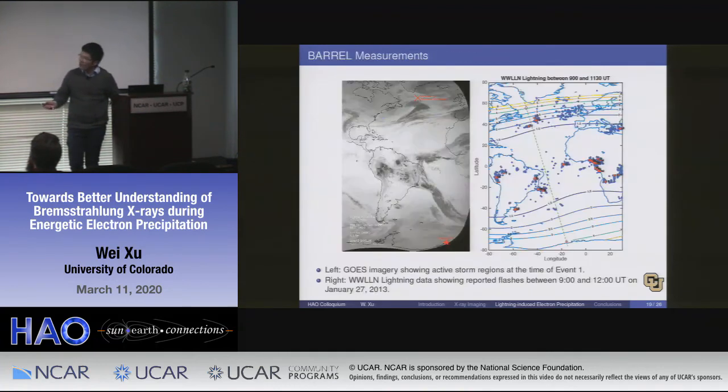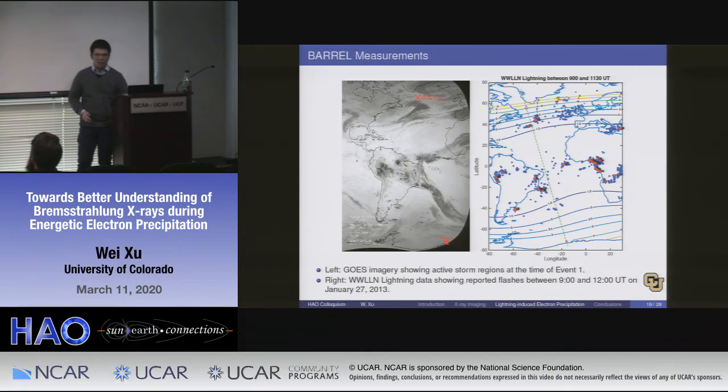But for this kind of lightning geolocation, it's actually using the radio pulses emitted by the lightning discharge itself. It's basically the same frequency range.